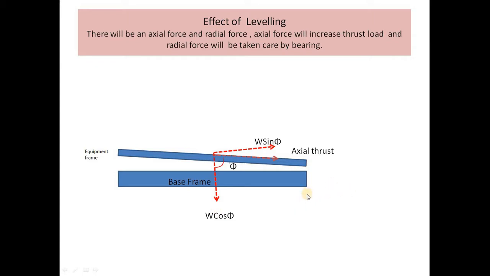Though the value of this axial force will be very negligible, because we cannot allow axial misalignment of more than 1 or 2 degrees, this value will be very small, but still we have to do the leveling.